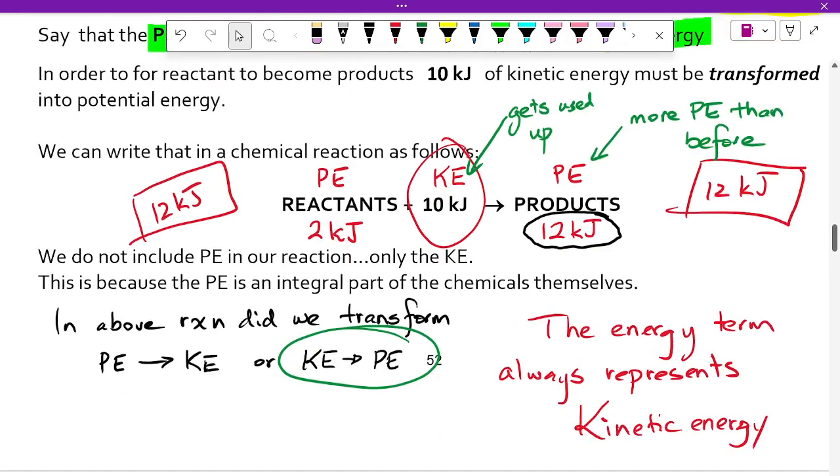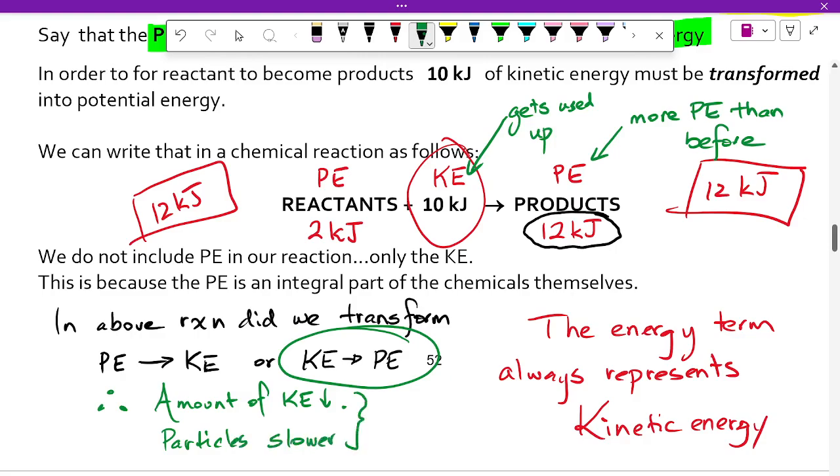So what happened to the amount of kinetic energy? The amount of kinetic energy decreases. And that means that what's going to happen to our temperature? Particles are moving slower. And if the particles are moving slower and the kinetic energy has decreased, what has happened to our temperature? Temperature has gone down.